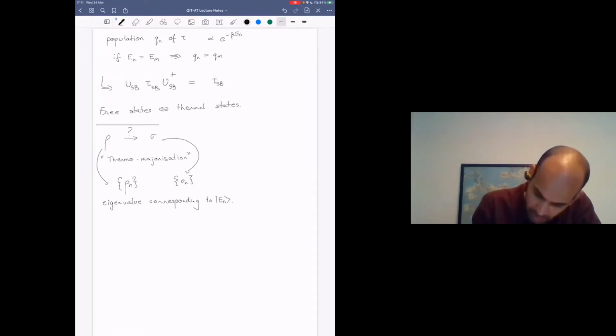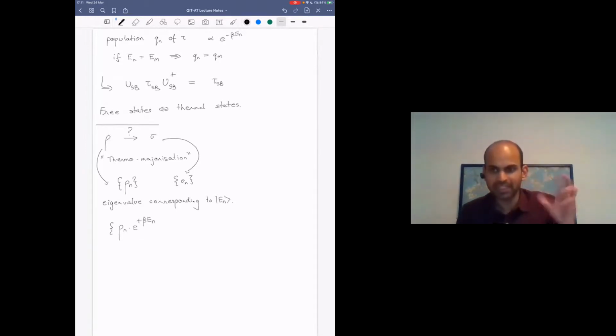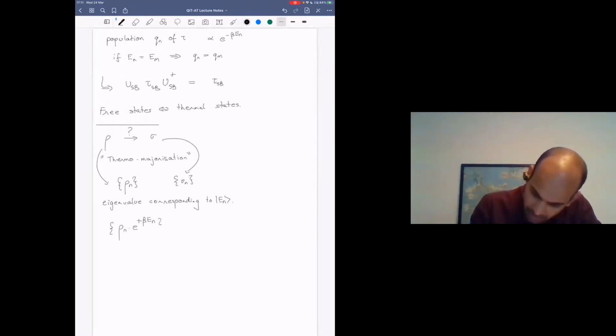What we do is we take the modified set, rho_n times e to the plus beta E_n, which is some sort of inverse Gibbs factor. And on the other hand, we take sigma_n e to the plus beta E_n.